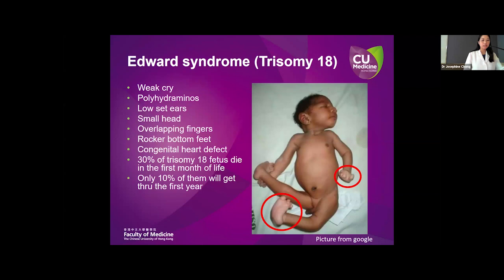Edward syndrome is another syndrome, which covers the trisomy 18, and is also most of the time covered by the NIPT. And patients will have very typical clinical features, what we call rocker bottom feet, and also overlapping fingers and a small head.